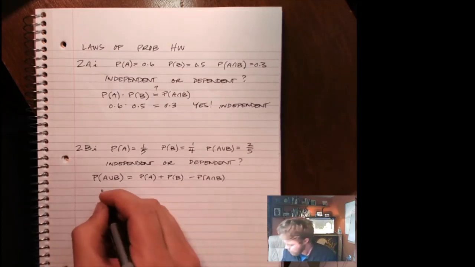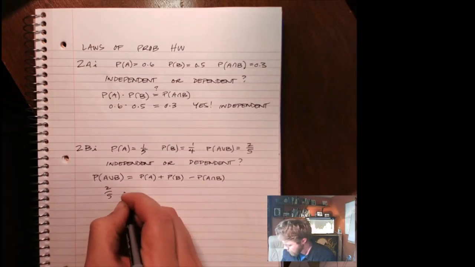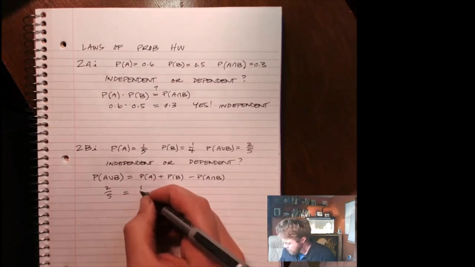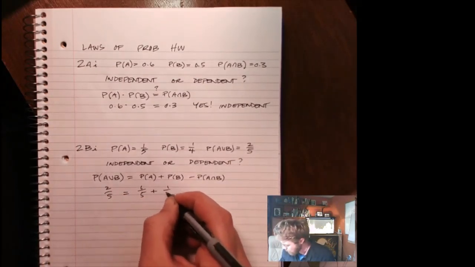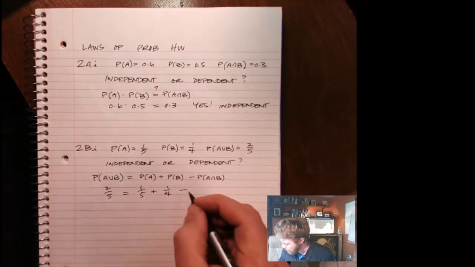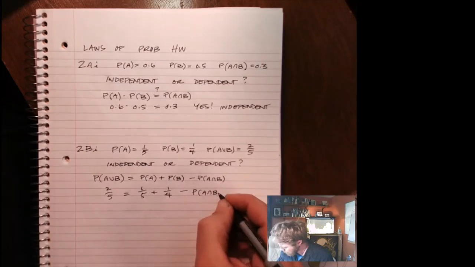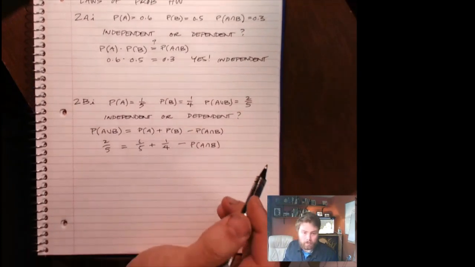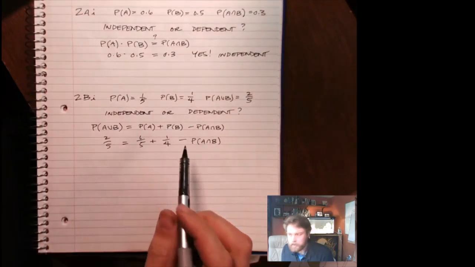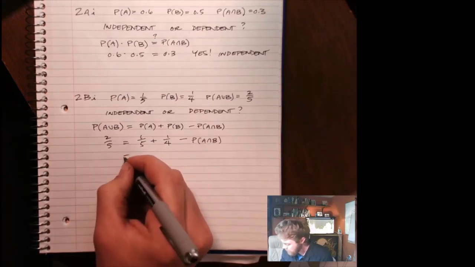Let's put 2/5 over here. This is 2/5 equals 1/5 plus 1/4 minus the intersection. So we'll solve for the value of this. 1/5 plus 1/4, let's make this into 20ths.